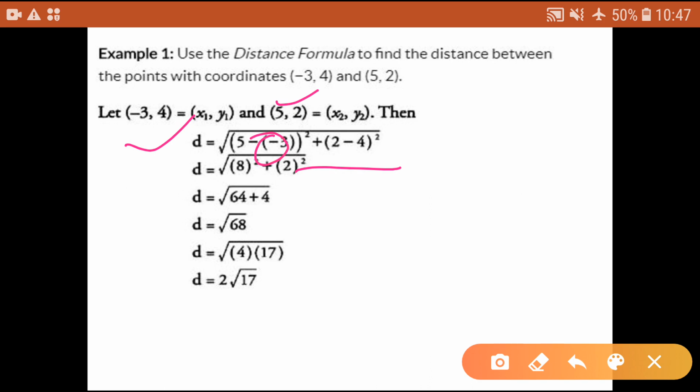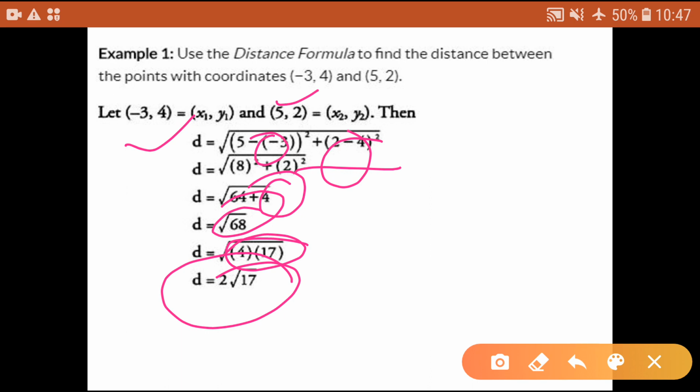Simple things you have to take care of again and again, and this -2 into -2 becomes +4. So here we have root 68. Because it is not a perfect square, split it into factors, 4 into 17, and it gives us distance equals 2 root 17.